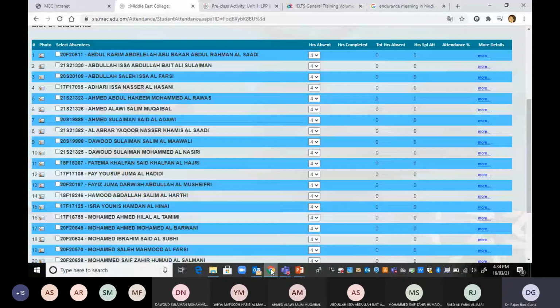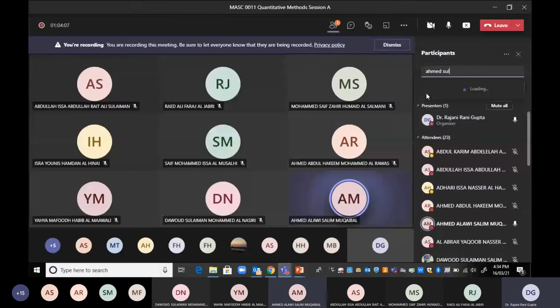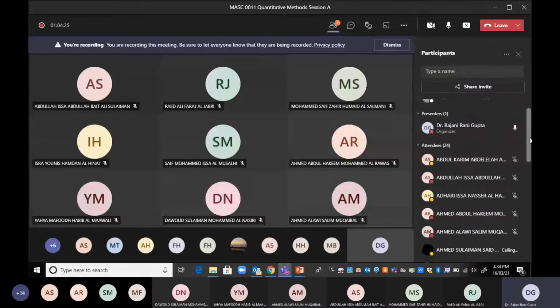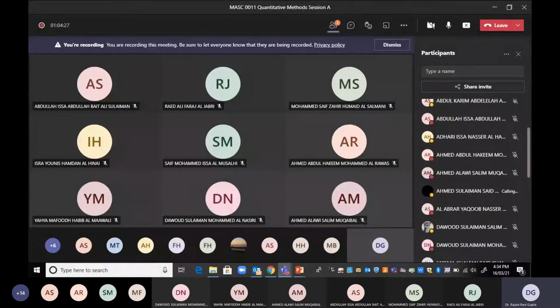Sorry for that. Seems he is not able to join the session. Ahmed Suleiman Al-Adawi, yeah, this one. It seems he is logging in from his other account. Ahmed, now he is able to. Okay. Now he's leaving.